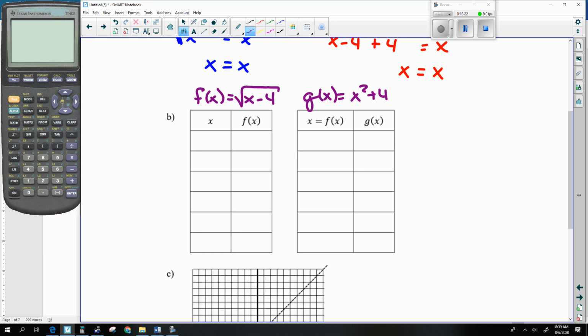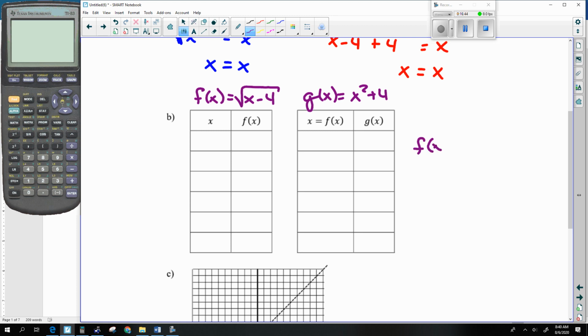Okay, thinking of this square root, these are x's that have to be big. The smallest that this number x can be is 4. The smallest x can be is 4.